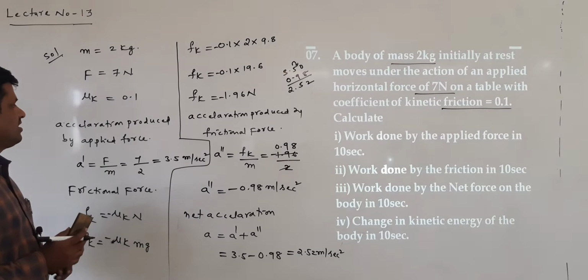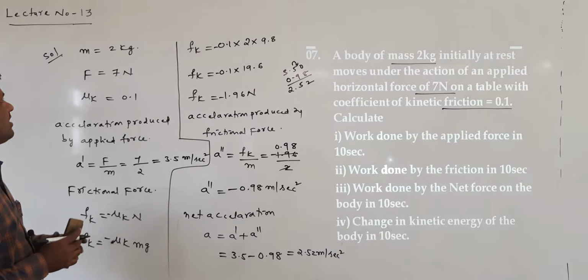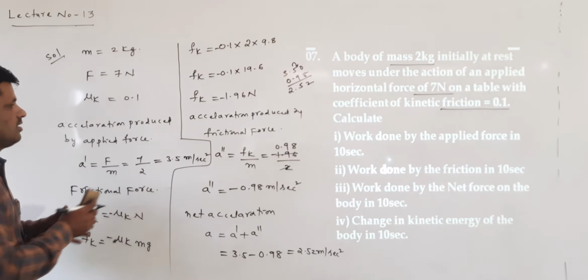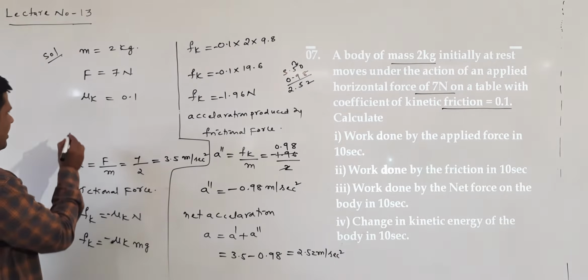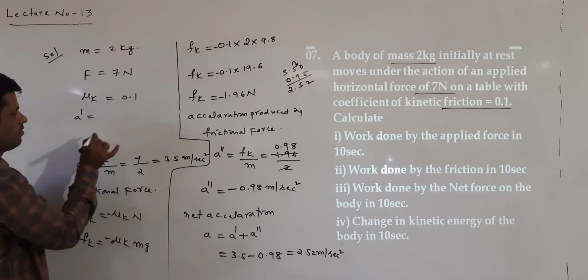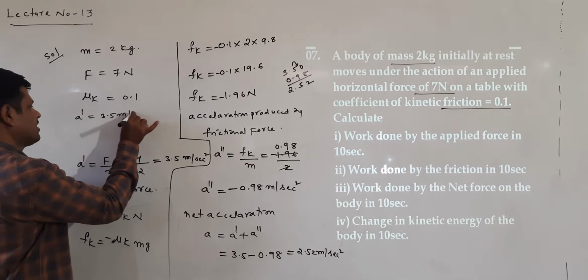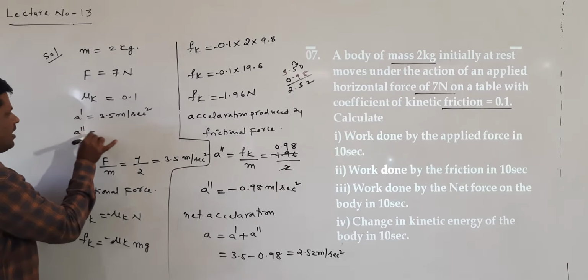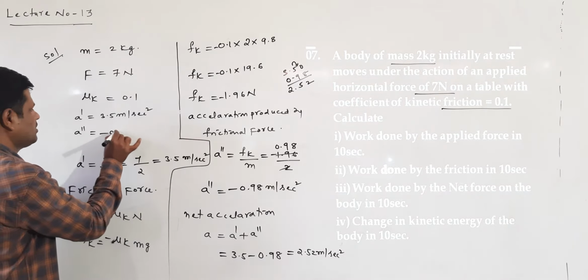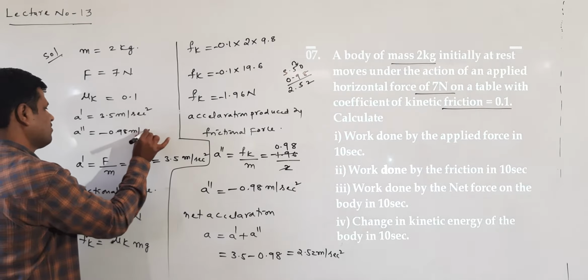Here first we are getting the net acceleration. First of all I am writing all accelerations here. First, acceleration produced by applied force, A dash is equal to 3.5 meter per second square. Acceleration produced by frictional force, A double dash is equal to minus 0.98 meter per second square.